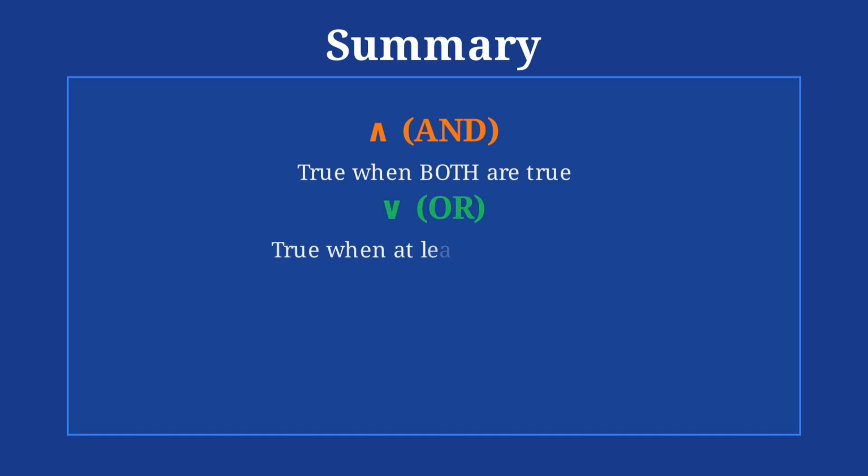Let's summarize. We learned three logical connectors. The AND connector, P and Q, is true only when both P and Q are true. The OR connector, P or Q, is true when at least one of them is true.